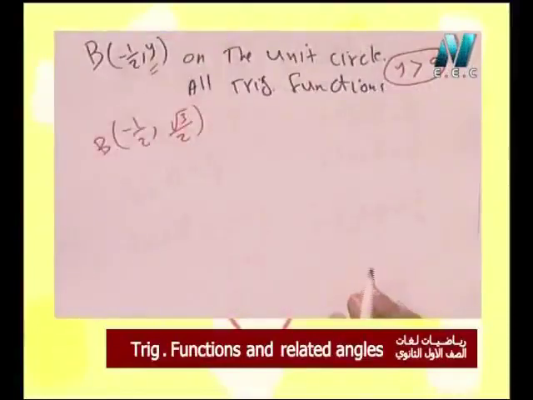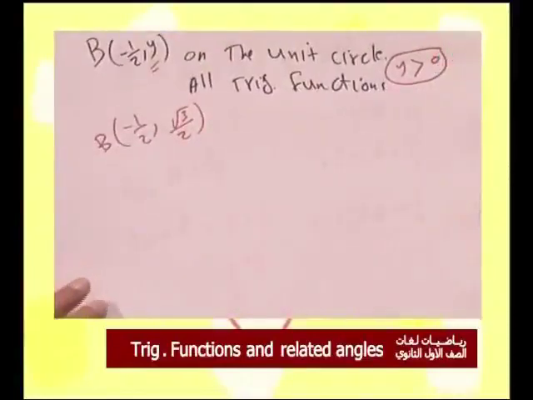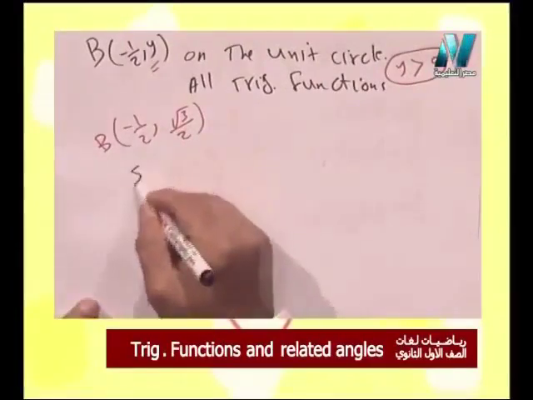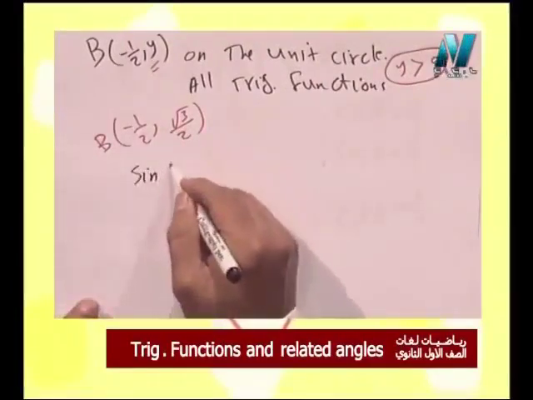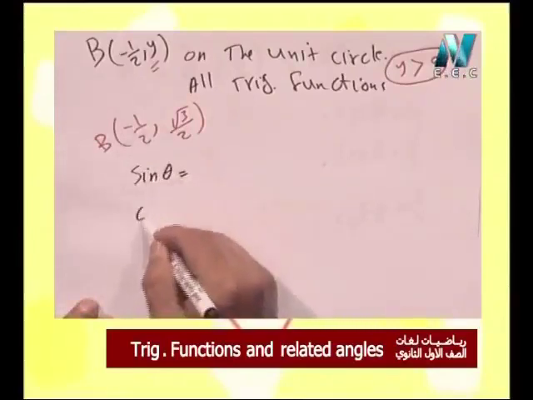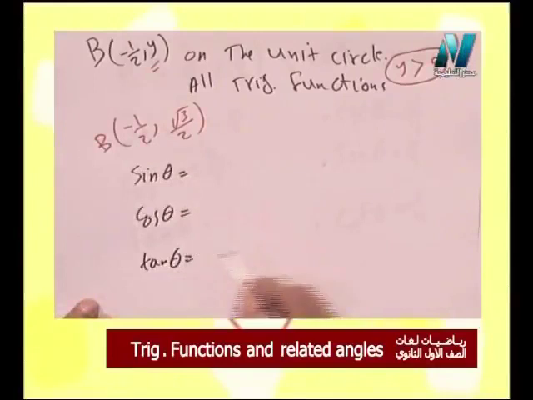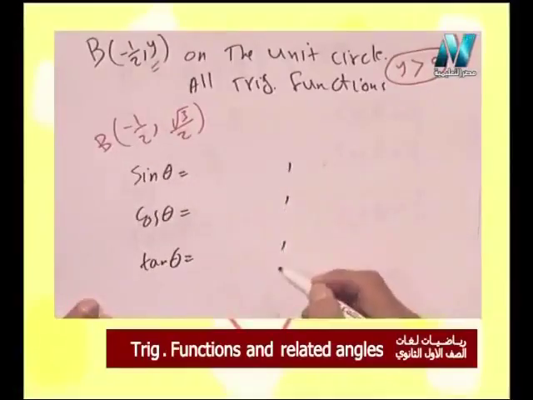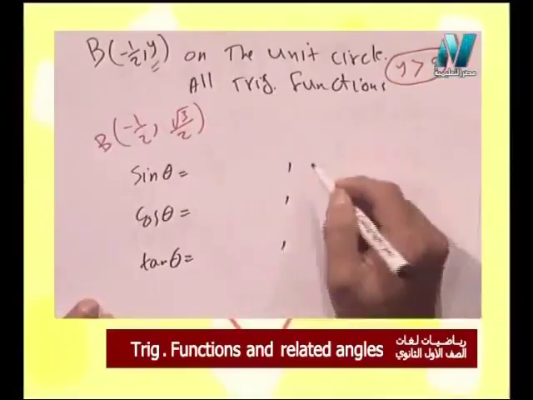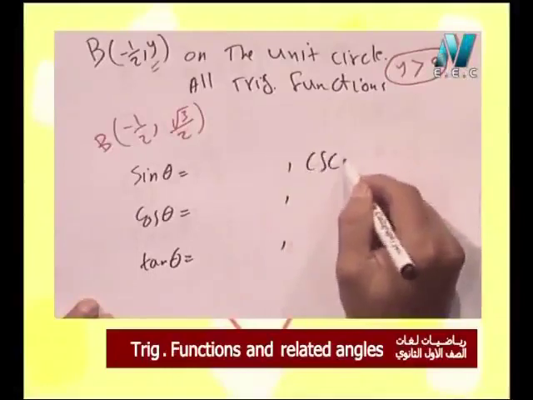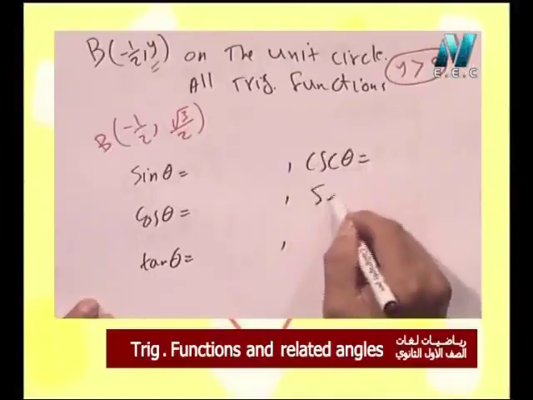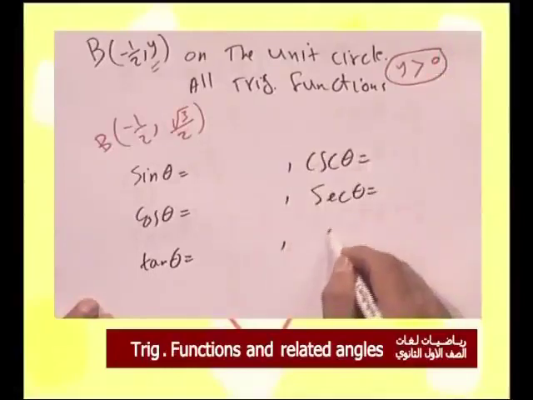So let's find all trig functions. We have here sine theta, cosine theta, tan theta, and their reciprocals, which are cosec theta, sec theta, and cotan theta.